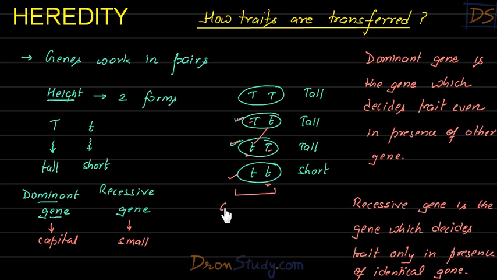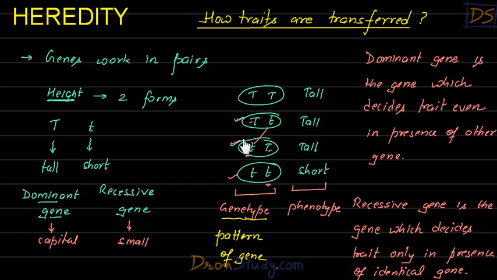Now students, a few more terms. One term here is called genotype, and another term here will be called phenotype. So what is the meaning of genotype and phenotype? See, genotype means the pattern of gene.